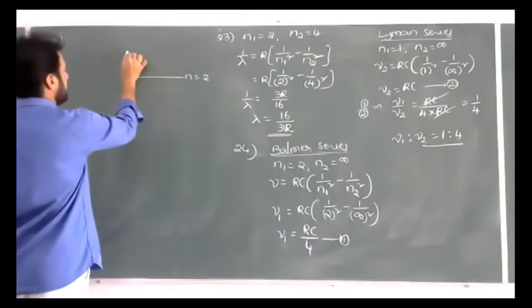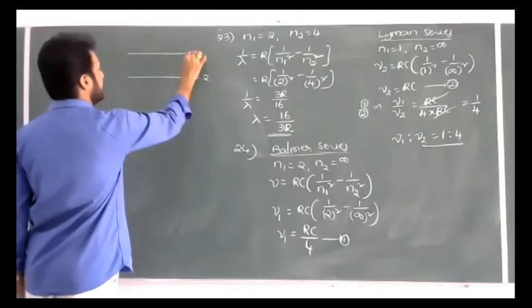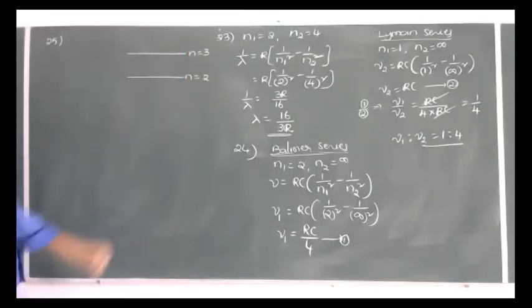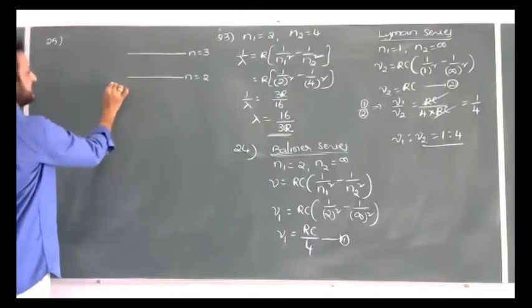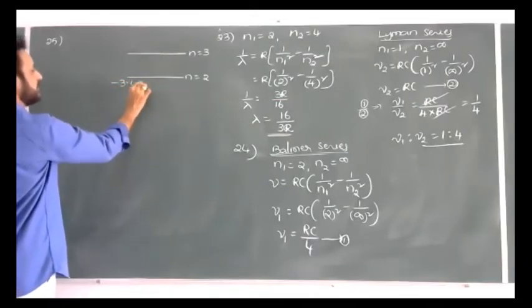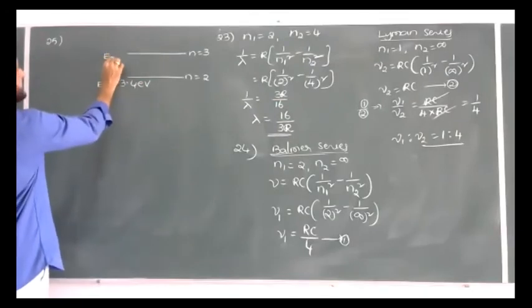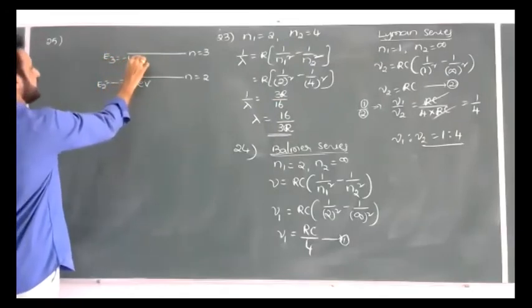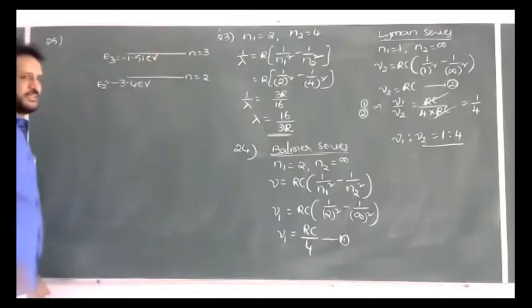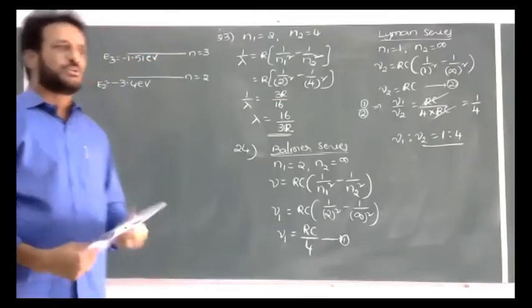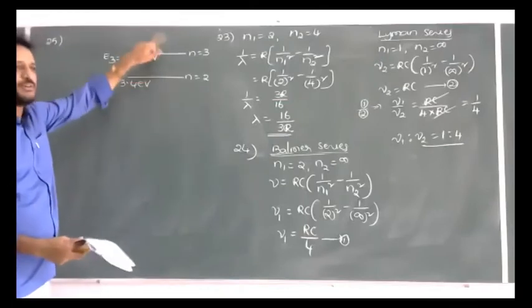What is the minimum amount of energy required to excite the electron means we have to take the electron to the third orbit. We know the second orbit energy value is minus 3.4 electron volt, E2, and the third orbit energy is equal to minus 1.51 electron volt. So between these two, what is the minimum amount of energy required to shift the electron from the second orbit to the third orbit?